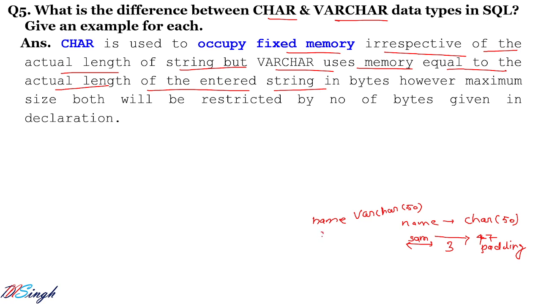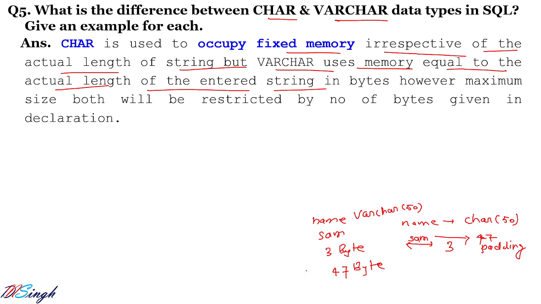It will allocate only how many? 3 bytes of memory, 1 byte for each character. The remaining will not be allocated. So we have saved 47 bytes in comparison to the char data type, which is fixed.